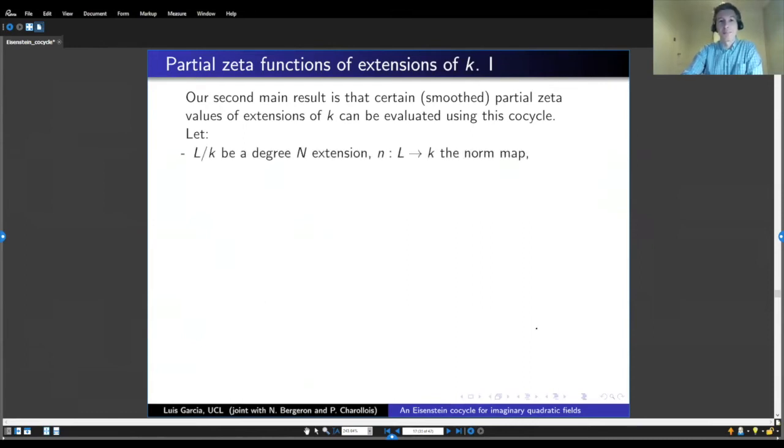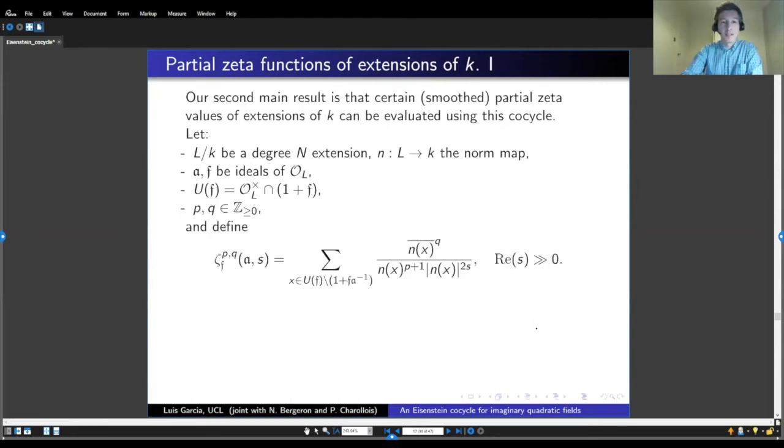I'm now going to consider degree n field extensions of K. I will consider an extension called L. N denotes the norm map from L to K. I will take ideals A and F of the ring of integers of L. I also have a group of units attached to F. It's the units of O_L that are congruent to 1 mod F.